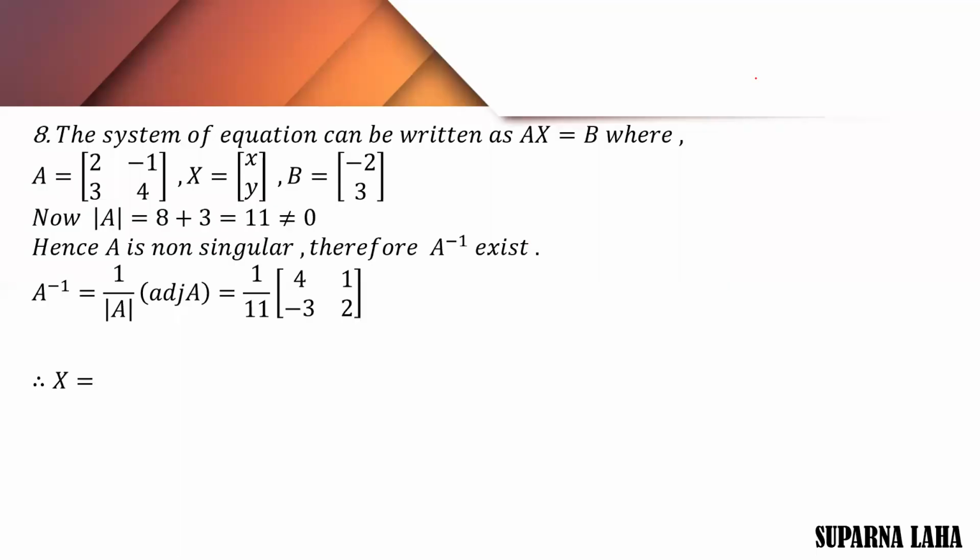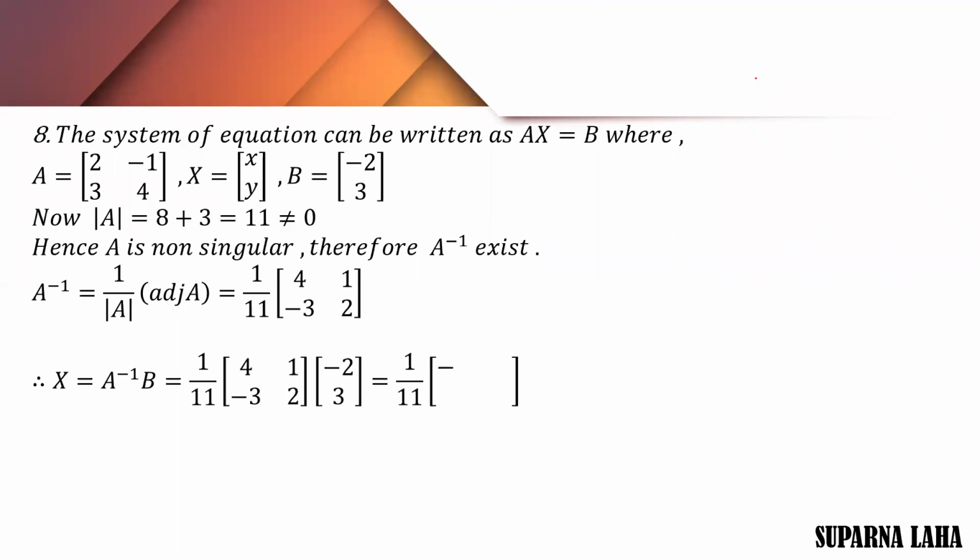Now let us find this x, that is A inverse into B. Okay, so it's very easy to solve the equations. You can write down this 1 upon 11 outside of this matrix, or you can just take it inside also.